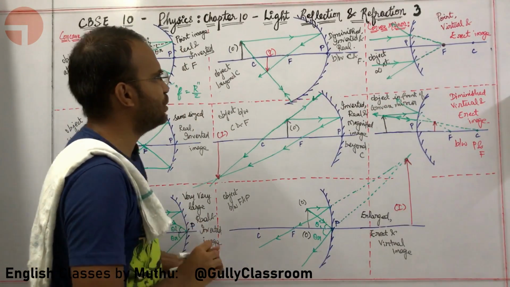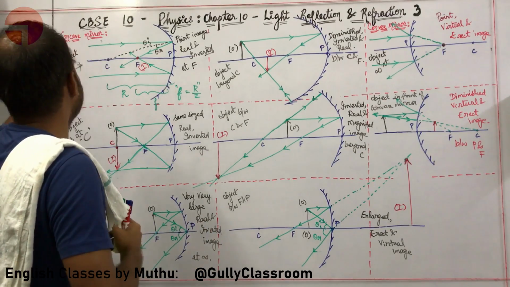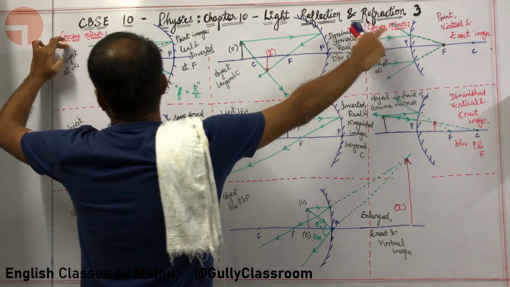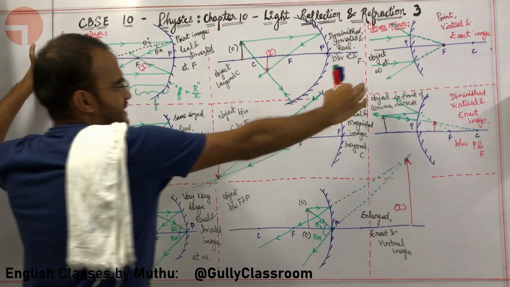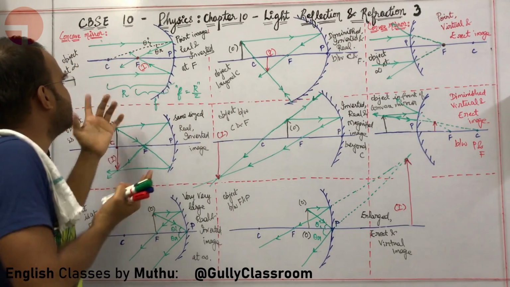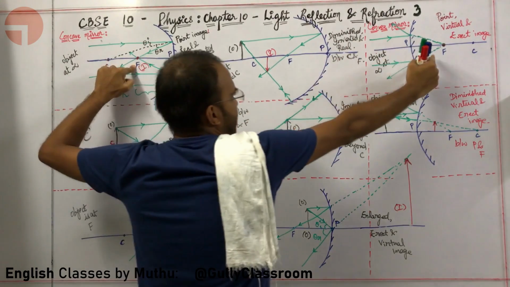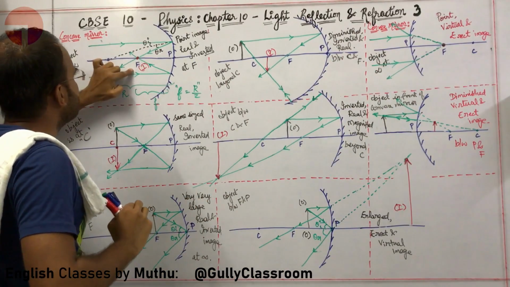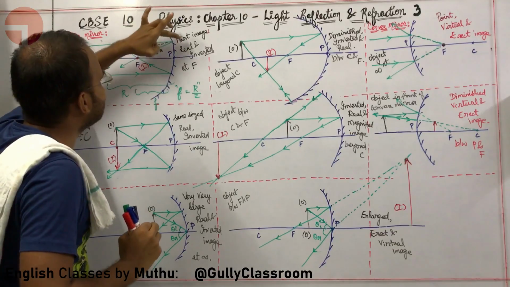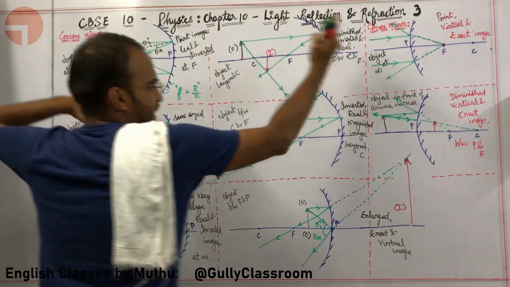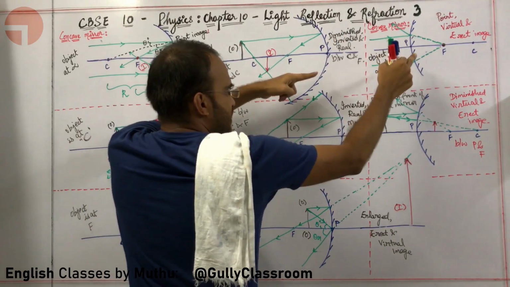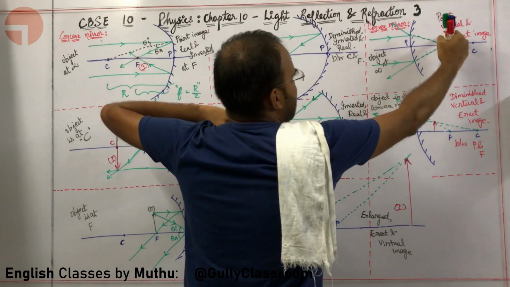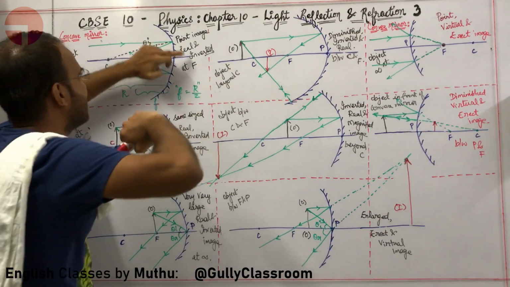Look at the beauty of these two images. For a concave mirror and a convex mirror, when the object is at infinity, the image is always formed at F. But in the case of a concave mirror, the image formed is a real and inverted point image. But in the case of a convex mirror, the image formed is a virtual and erect image. Here it is a real and inverted image.